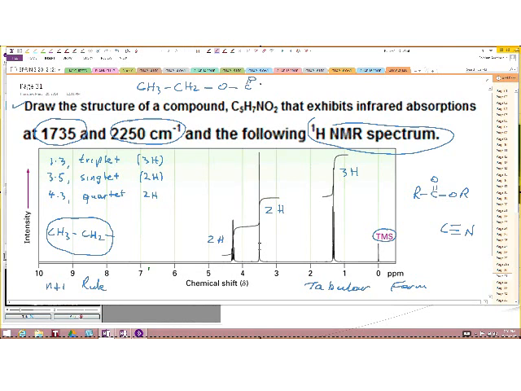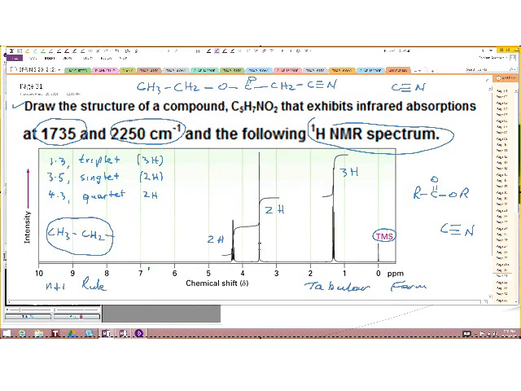If that is the case, your carbonyl must be here, because you have an ester. Now, this molecule only has 5 carbon atoms, so we only have 2 more carbon atoms to account for. We already know that we have a cyano group, and that has to be at the end of the molecule. So therefore, this has to be this here.